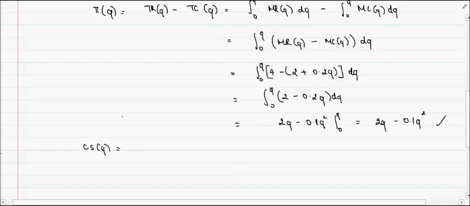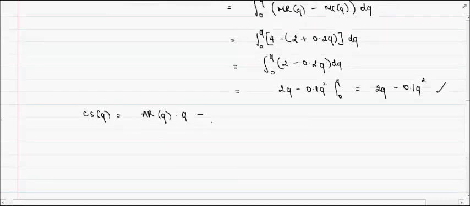So it's going to be the average revenue multiplied by the total quantity Q, minus the total amount that they would have to pay, which is the total revenue to the firm.